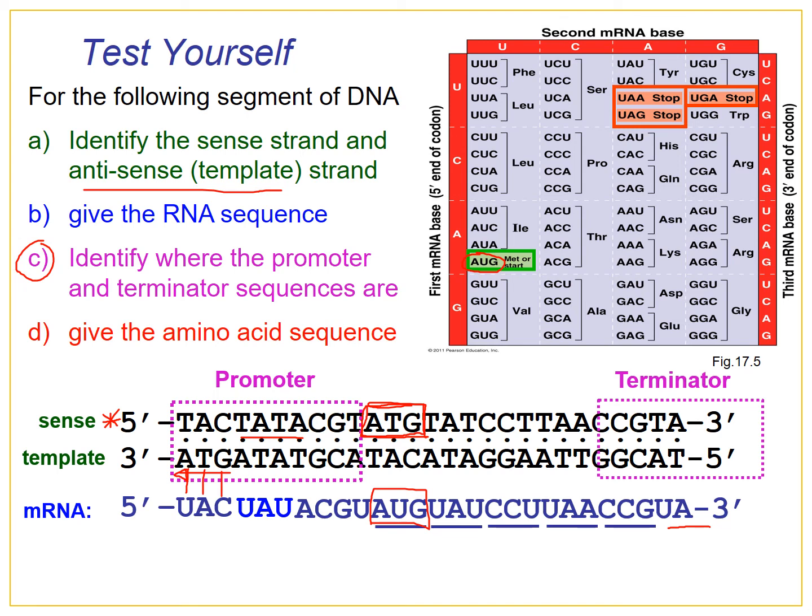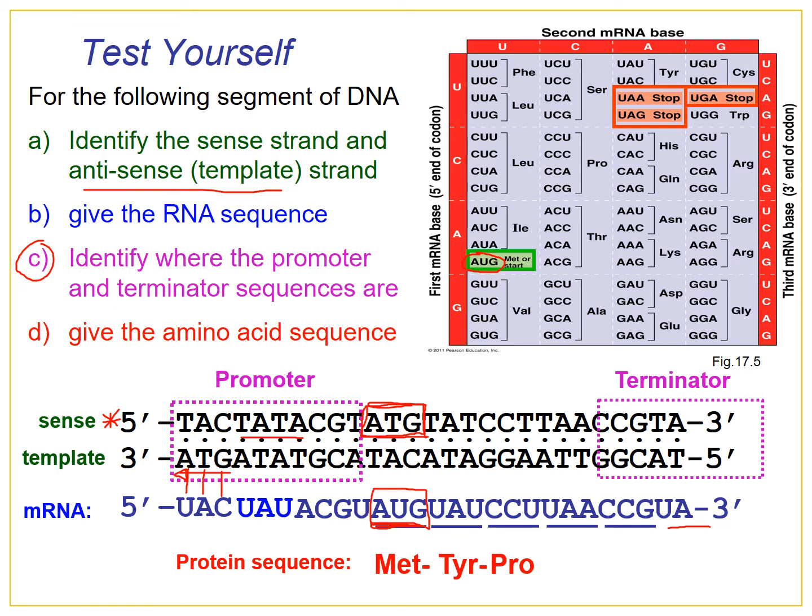Okay, so the next thing I'm going to do is just start looking at the genetic code and translating this. So AUG, if you don't remember, is methionine. Always methionine. Start off with methionine for every single protein. UAU is a tyrosine. CCU is proline.